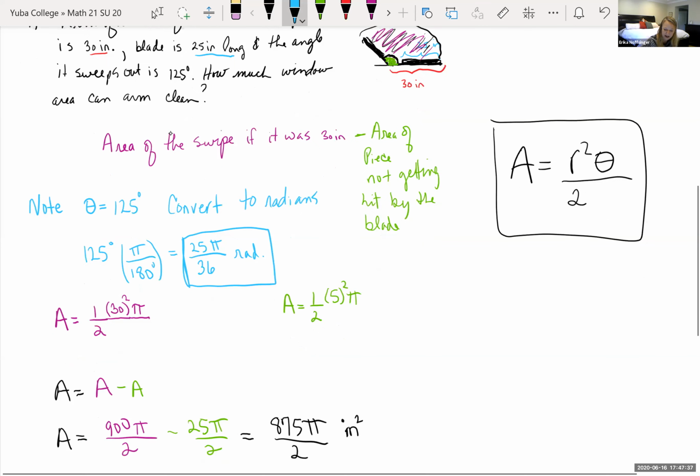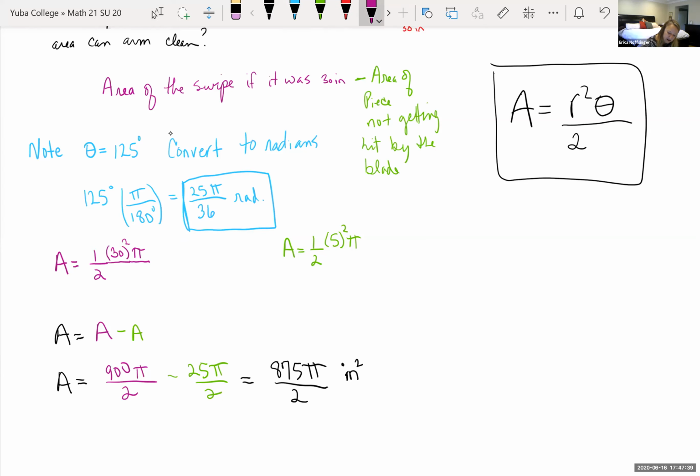Okay, so I'm going to go back over here, and this pi should have been my theta. So it should technically be times 25 pi all over 36. Same thing here, this area for the smaller piece, it should have been 1/2 r squared times theta, and theta still is 25 pi all over 36.